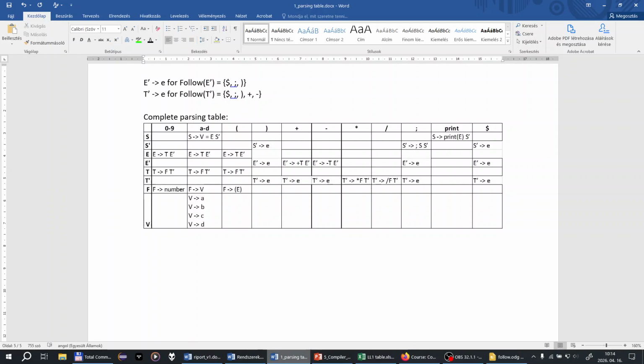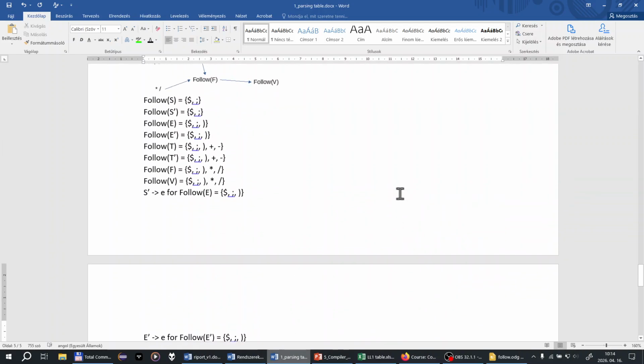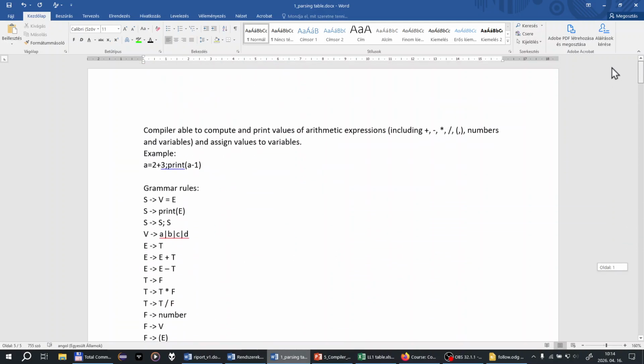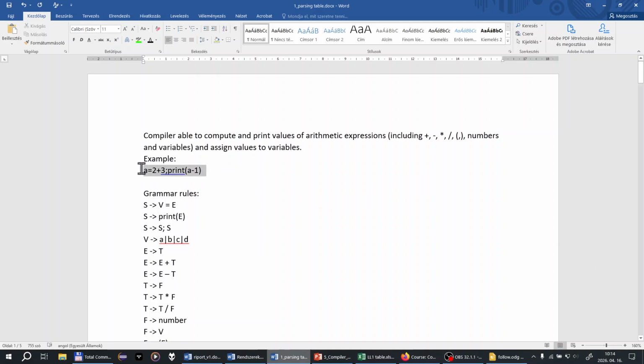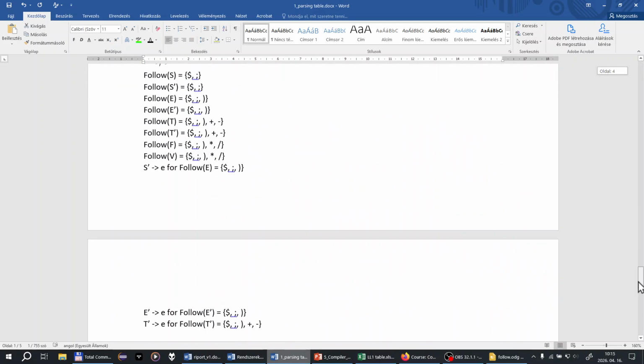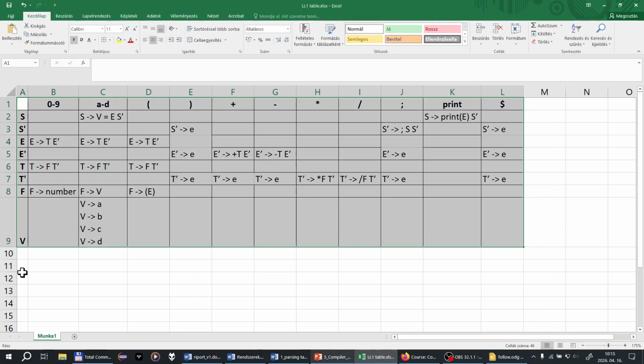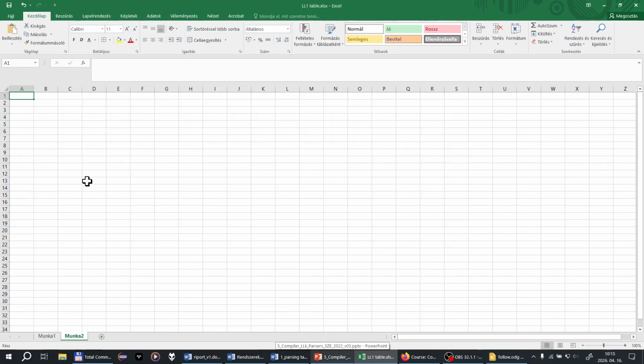And it is applied in a way that we include the input, like this one. We have the stack. Okay, it is also easier to do in a table.